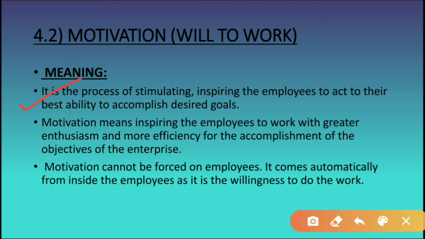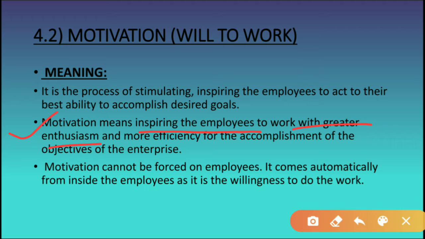So what is motivation? Motivation means it is a will to work. Okay, so it is the process of stimulating, inspiring the employees to act to their best ability, so that they can perform their best in order to accomplish the desired goals. Now moving to the next point. Motivation means inspiring the employees to work with greater enthusiasm.